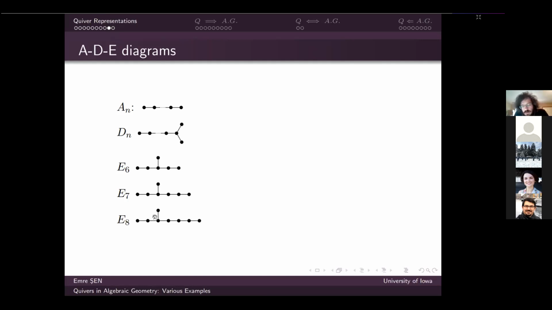And here, as you see, we remove the arrows. It doesn't matter. Independent of the orientation, these quivers give us finitely many orbits. So basically, this is the thing.